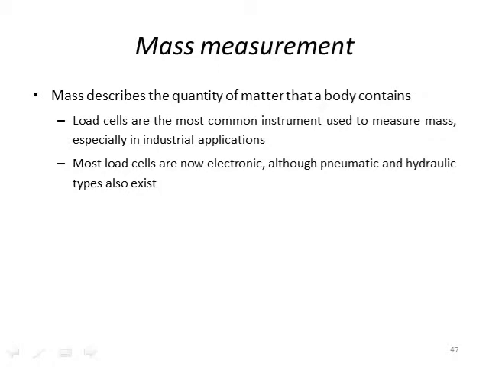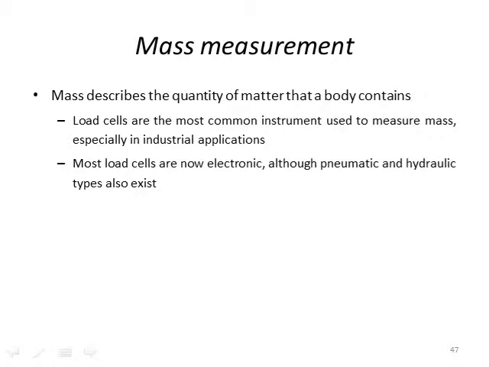So mass describes the quantity of matter that a body contains, and the most common way to measure mass is using a load cell of some sort. Most load cells today are electronic, though some of the older pneumatic or hydraulic types also exist for usually things that are extremely large.